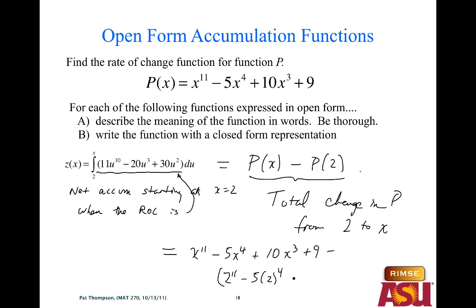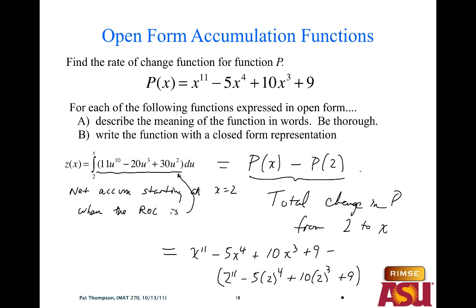And we could simplify all that. So p of 2 is some number, and we could just have that one number. But yes, that's it. So there's a closed form expression, closed version of z of x.